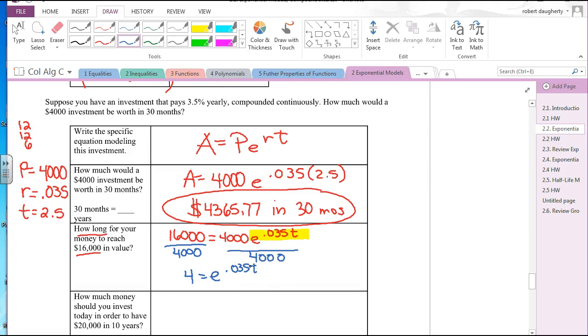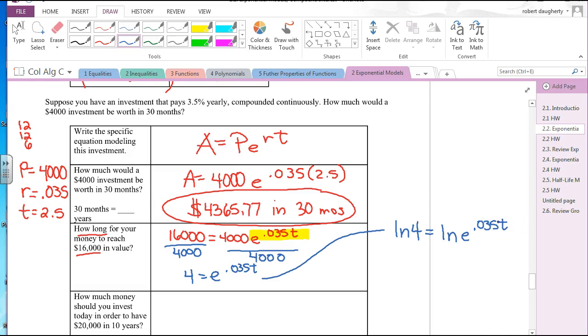How will I solve that? I need to take a log of both sides. Which log will it be? Natural log, okay? So the natural log of 4 is equal to the natural log of e to the 0.035 t.